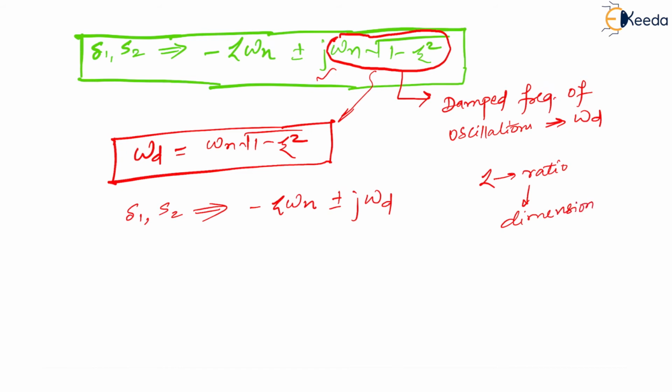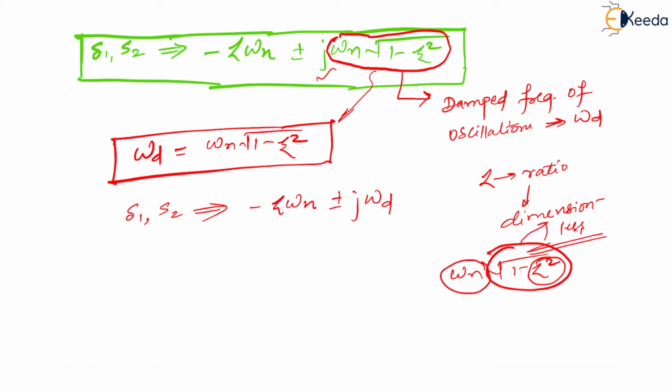So in our case, omega n into under root of 1 minus zeta squared, if zeta squared is dimensionless, then this whole term will be dimensionless. And it is multiplied with omega n, whose unit is radians per second.